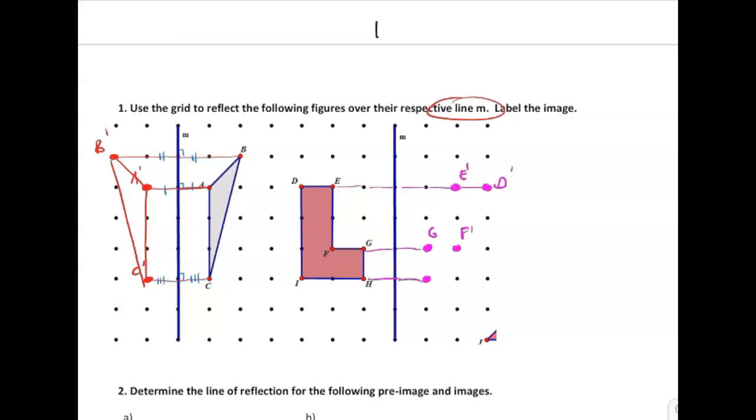H. And I. And if you connect them all in the same order, you have your image.